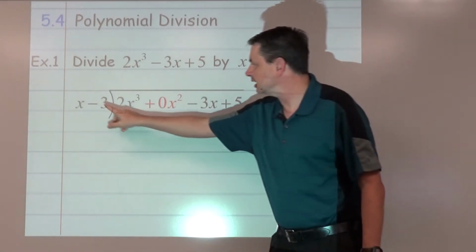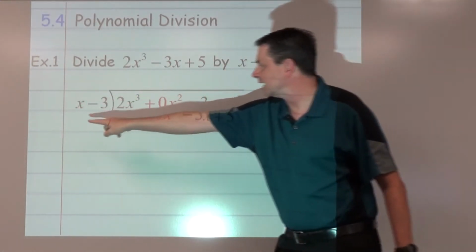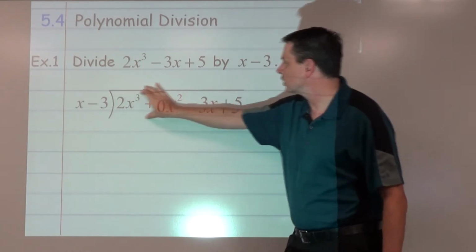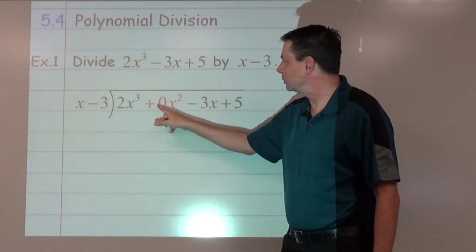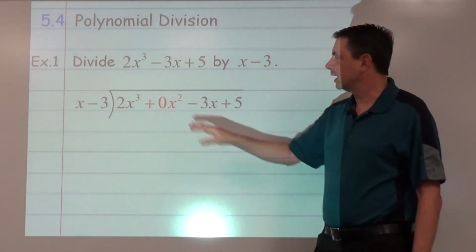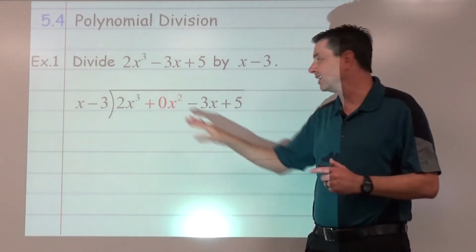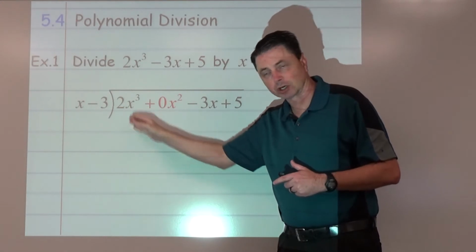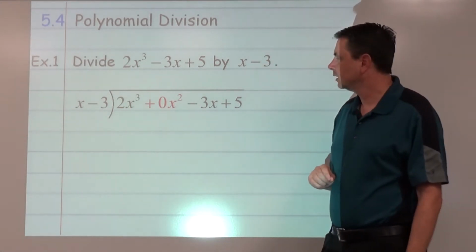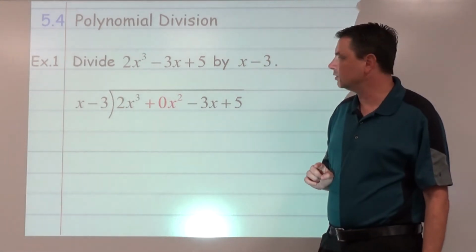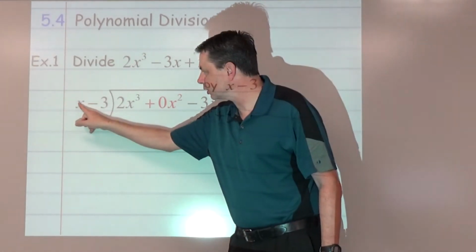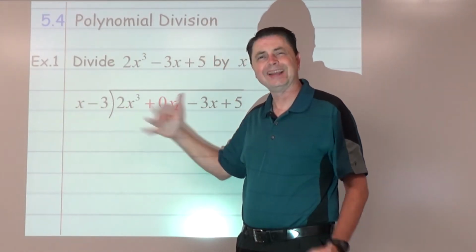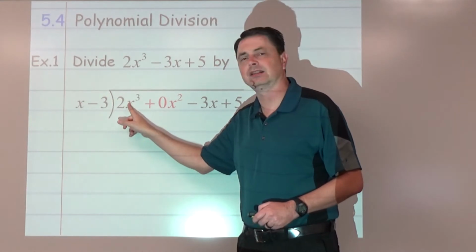As you can see, we put the x minus 3, the divisor, on the outside. Here's our dividend. We put the plus 0x squared as our placeholder there. So anywhere inside where there's a missing term, after the first term, we need that. Now what we're going to look for is the first term here and the first term here, essentially dividing this into this.